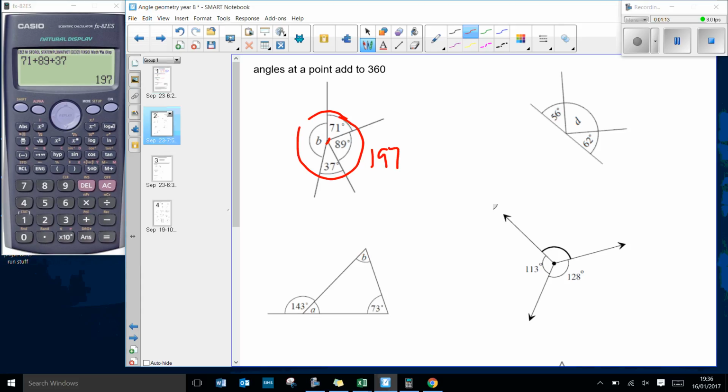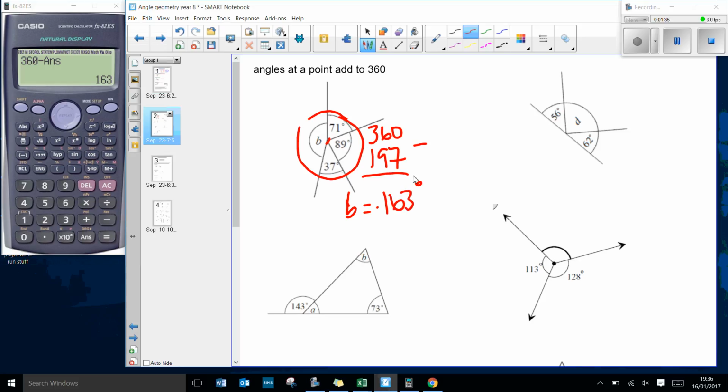And then I'm going to do 360, subtract that. So that gives angle B as 163.